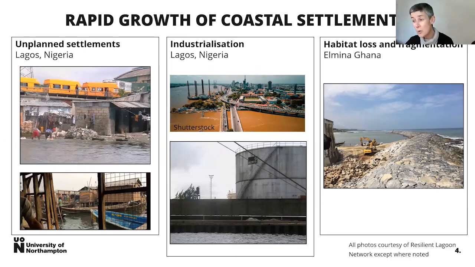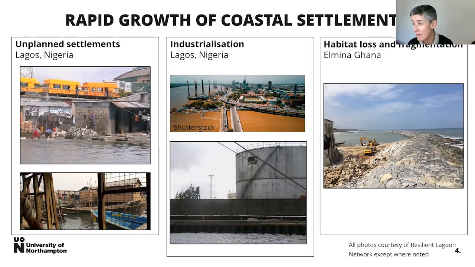Industrialization of port cities. I've got a couple examples of Lagos here, which I previously mentioned, and then habitat loss and fragmentation. That expansion of urban areas on the coastline is causing some of those key coastal habitats, which act as a buffer between the marine environment and land activities, to be lost.